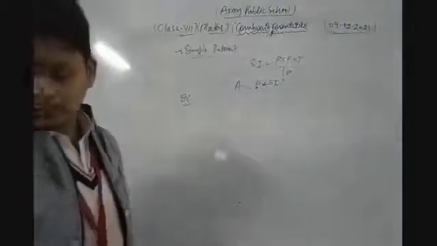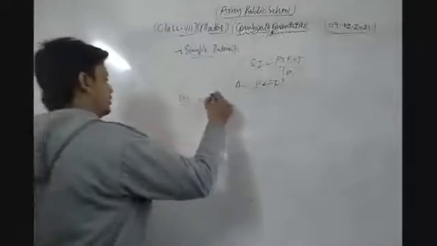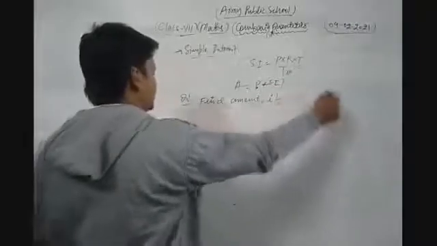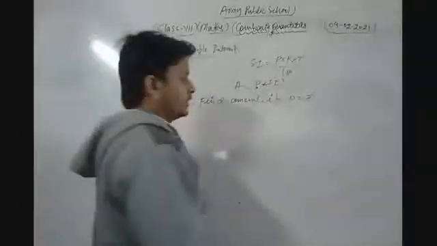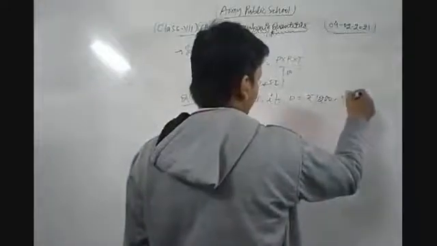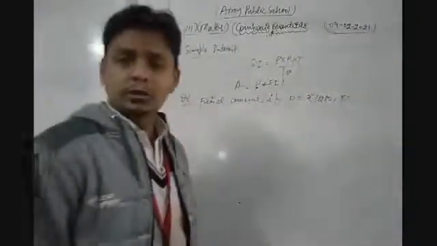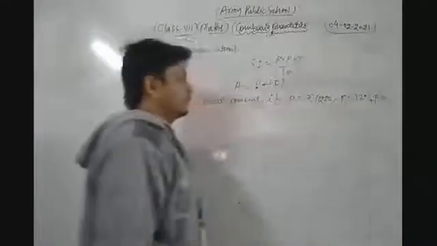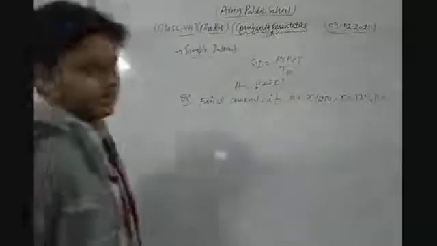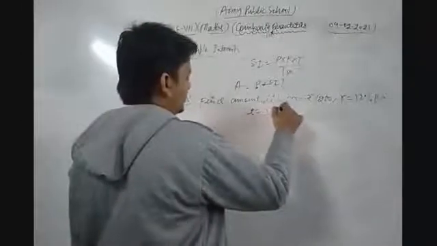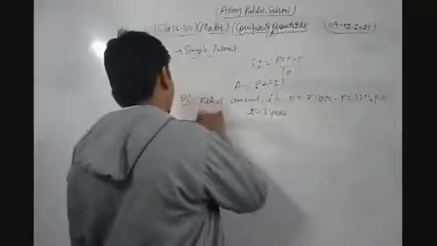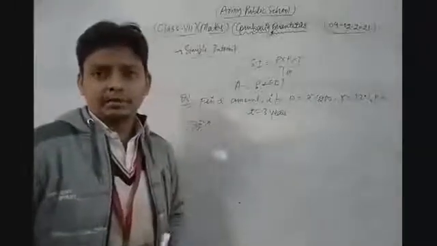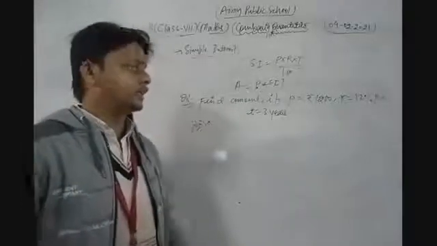Now the question is, find the amount if principal is rupees 1200, rate of interest is 12% per annum, and time is 3 years. Let's solve it then. Dear friends, we find the amount if principal, rate and time are given.